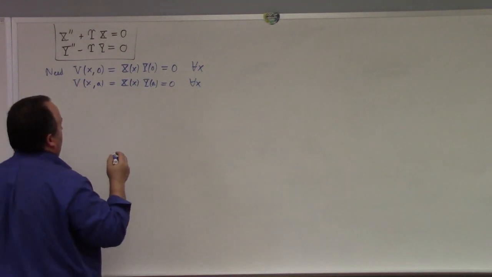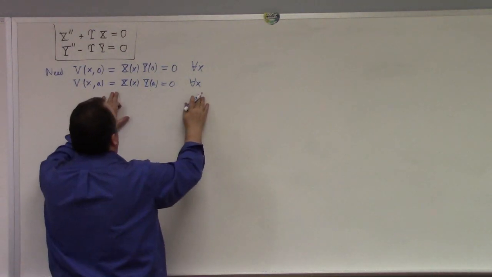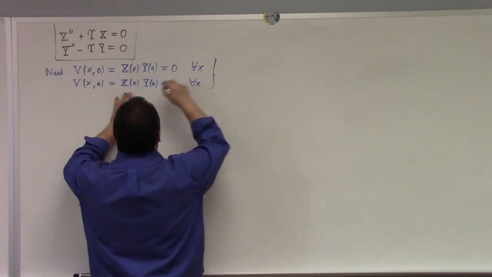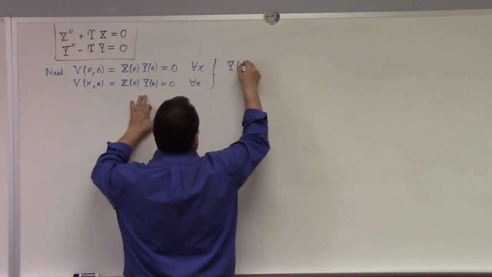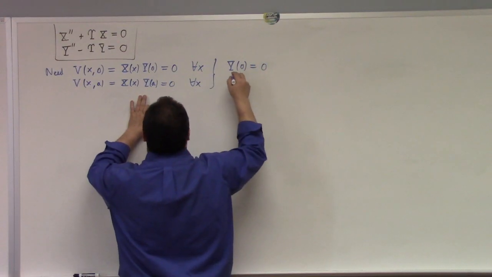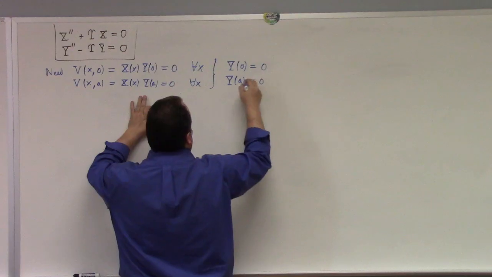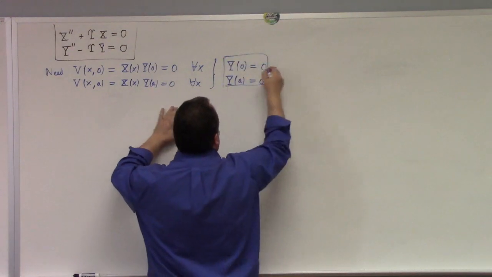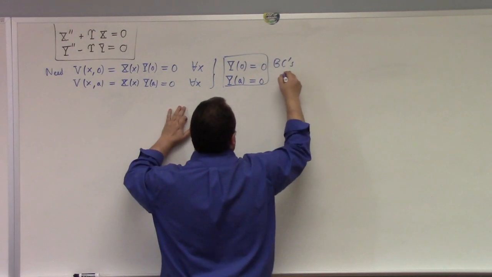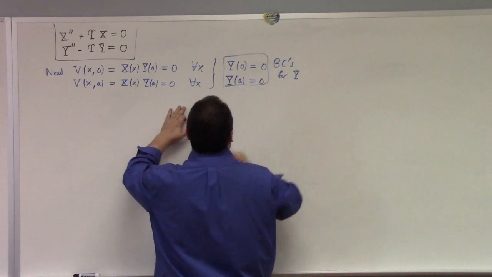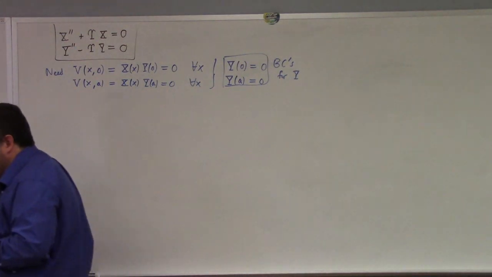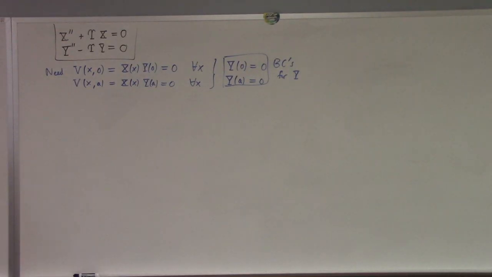Since this holds for all x, I can extrapolate that what I really need is Y of 0 must be 0 and Y of a must be 0. So these are what I would call boundary conditions for big Y. Those are the boundary conditions big Y must solve.